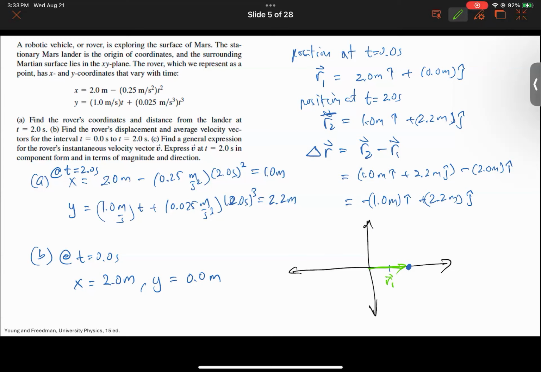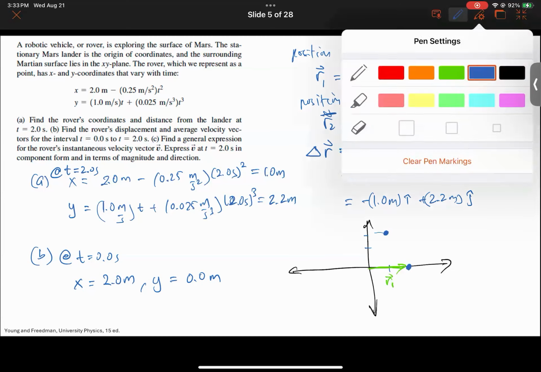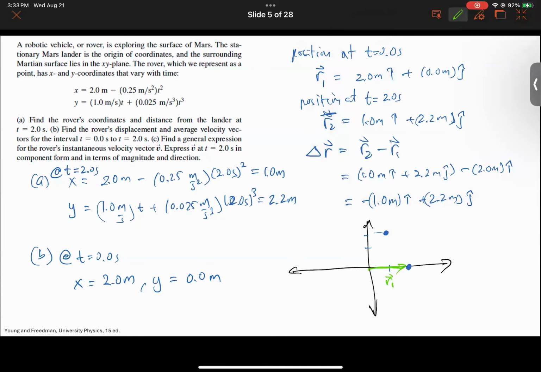And R2 is 1 meter at saka 2.2 meters. So let's say this is 1 and then this is 2. So somewhere here yung 2.2 meters. So nandyan yung rover after 2 seconds, and ito ngayon yung R2.